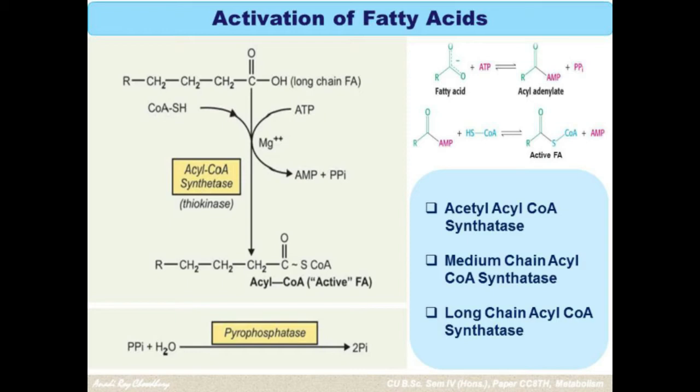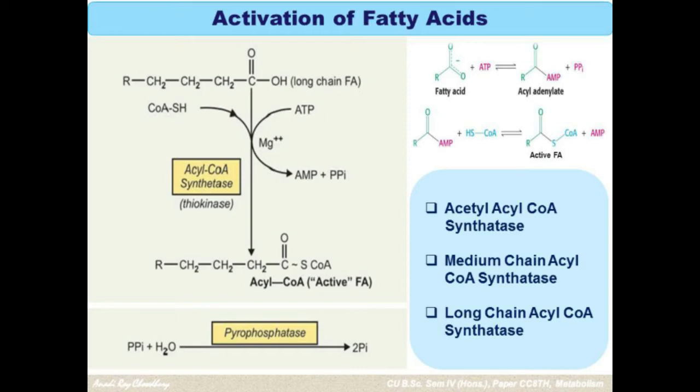Acyl-CoA synthetase is present in the outer membrane of mitochondria, endoplasmic reticulum, and peroxisome. There are different types of acyl-CoA synthetase specific for fatty acids of different chain length. Acetyl-CoA synthetase activates acetic, propionic, and acrylic acids.